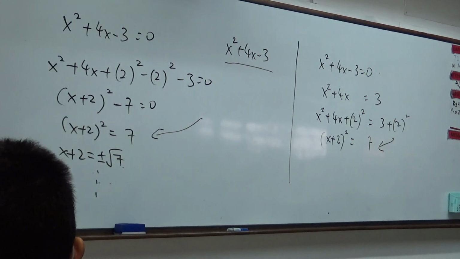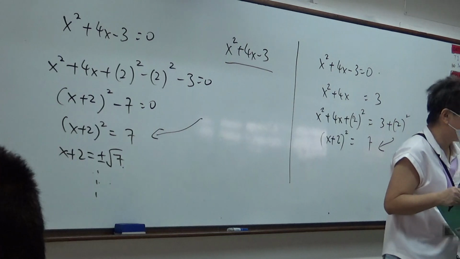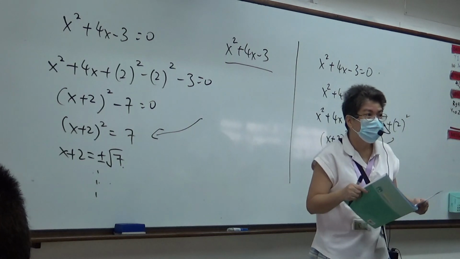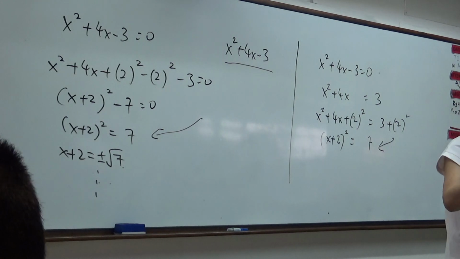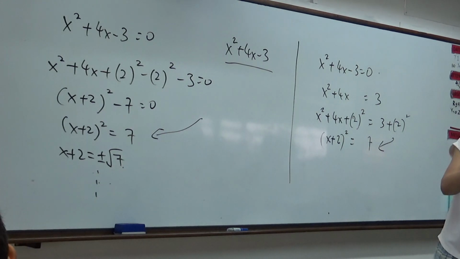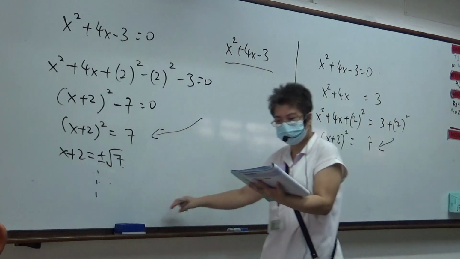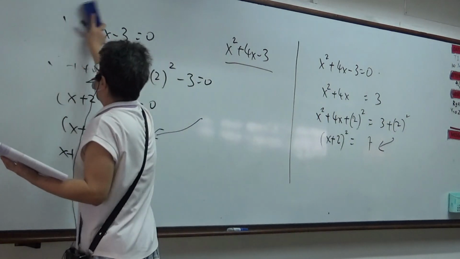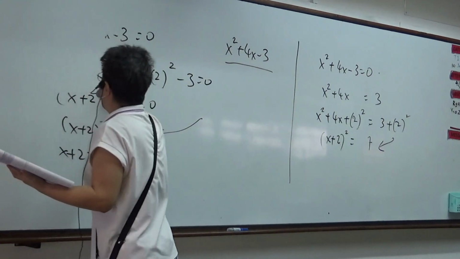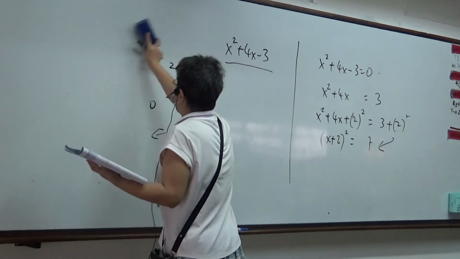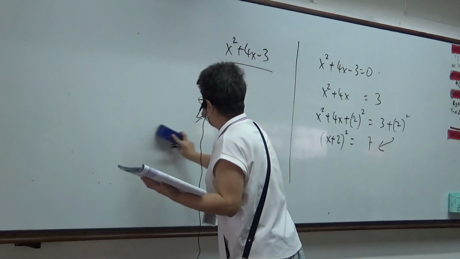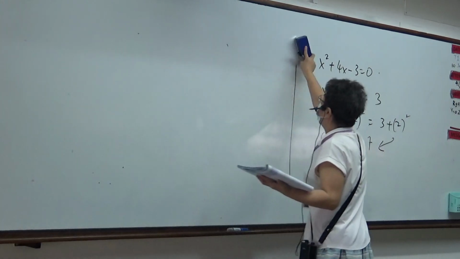Yeah, because I need you to practice completing the square. Everybody can? Okay, so please write down in exercise 1A, you're supposed to do all this by using completing the square. Okay, now, next. I'm going on to formula. Then I will give you the whole set of questions that you're supposed to do for 1A and part of 1B.